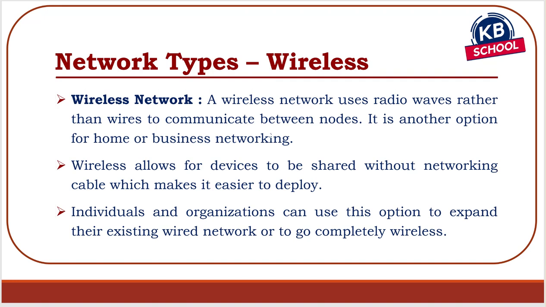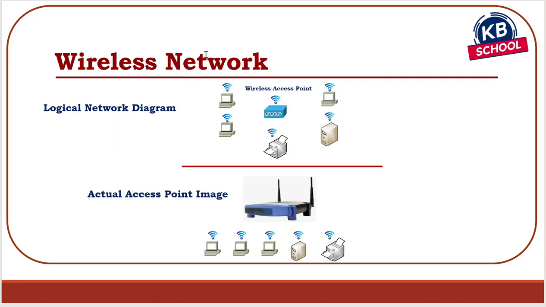Just like you have a hub or a switch in a wired network, in a wireless network you have a device known as a wireless access point, which is equivalent to your switch in your wired network. You set it up in the middle, and you use wireless adapters. The NIC that you get is not a wired NIC, it's a wireless NIC. It will allow you to transmit using this wireless capability, allowing different devices that are using wireless to talk to each other.